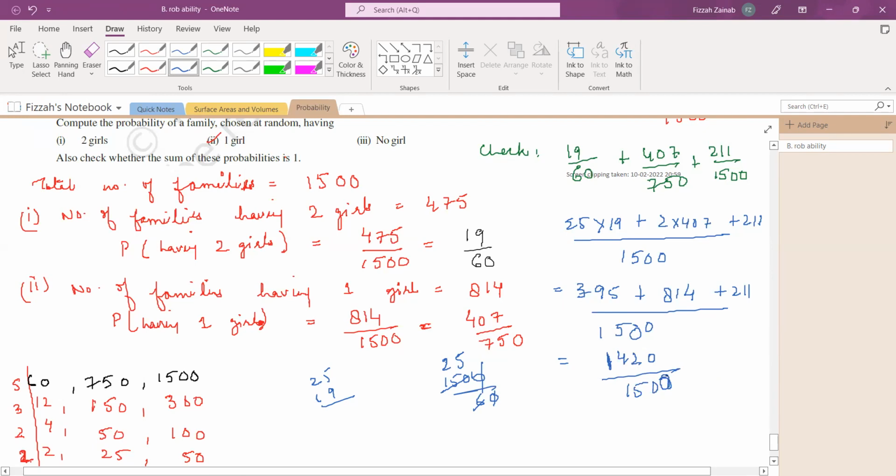Okay. So this is equal to 1, right? What is given in your NCERT book? Yeah, is there something given in your book?